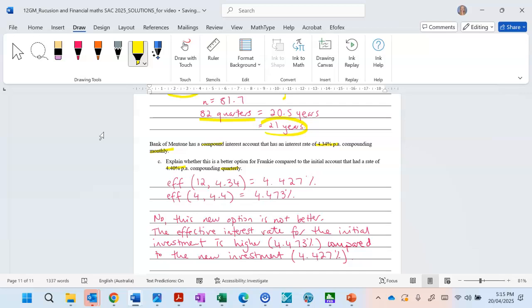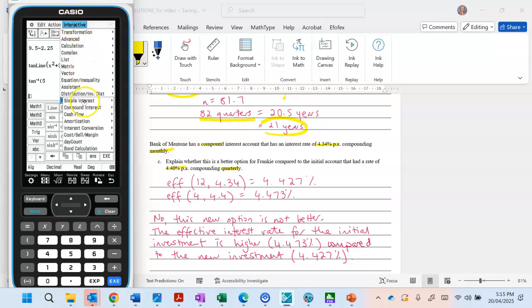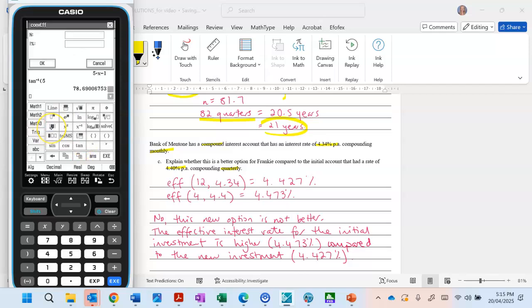As you can see, it is so easy just to calculate the effective interest. So on your calculator, you can just go to interactive, financial, and where are we? Interest conversion. And you just put it into your calculator. It even prompts you what to put in. So you can put in 12, and you can put in the 4.34.